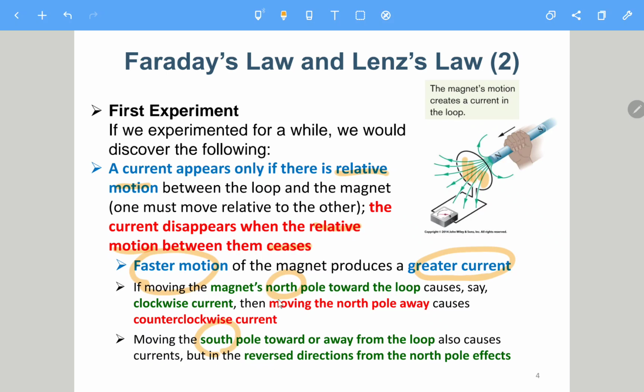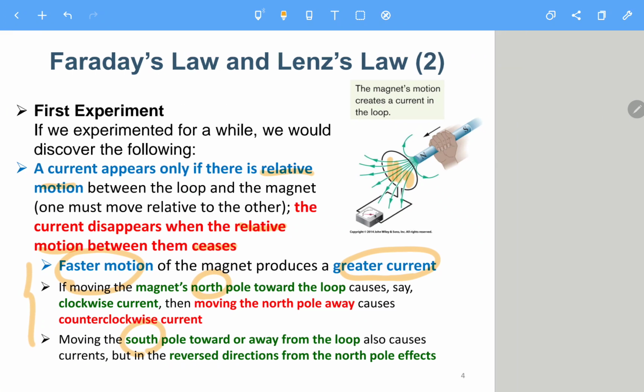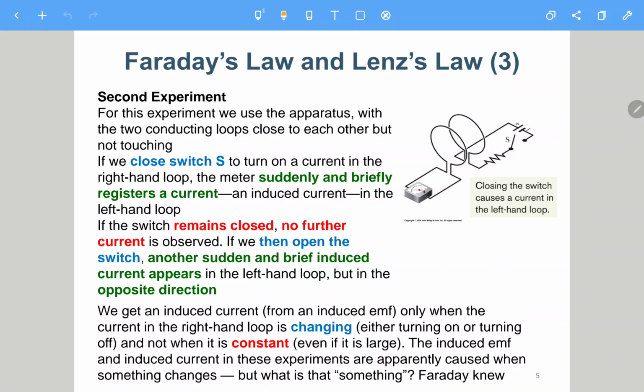So it is also related to which pole you are using, which means that it relates to the direction of the B field. It relates to it, but that is for a later story. So this is just some observation.